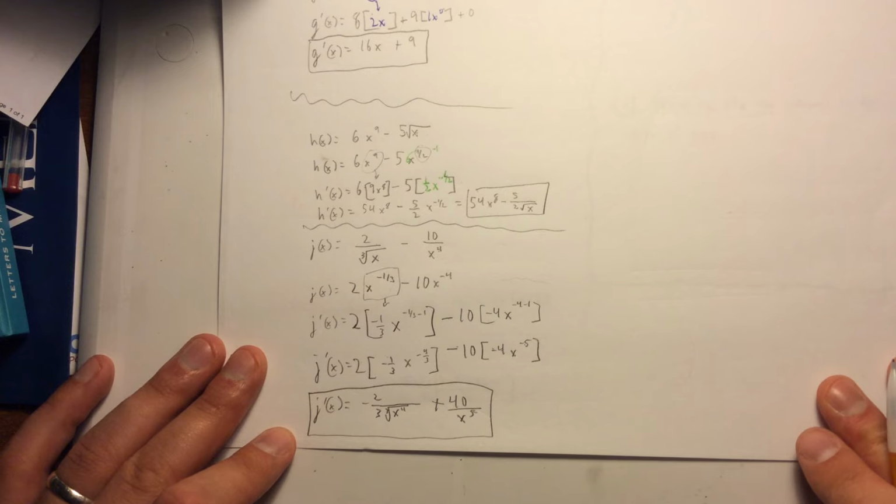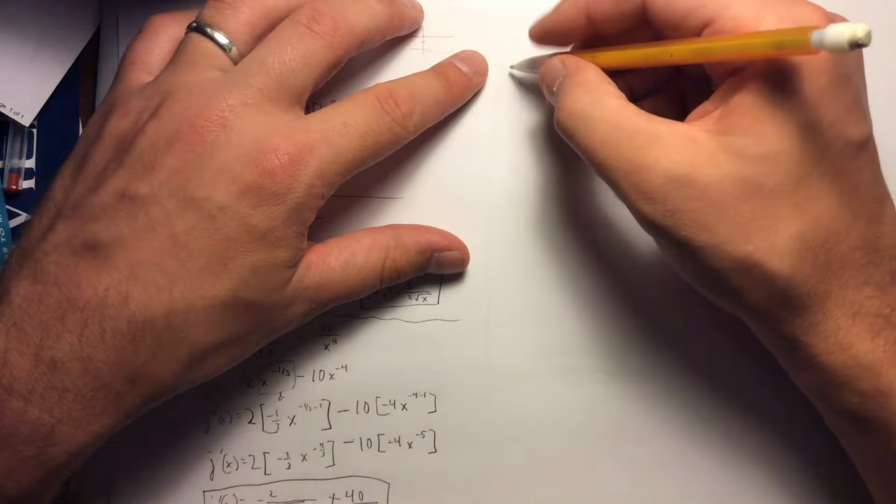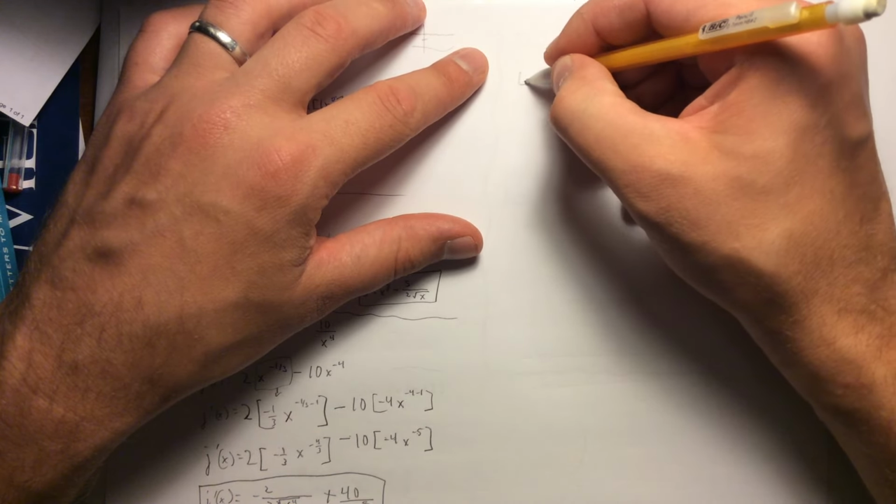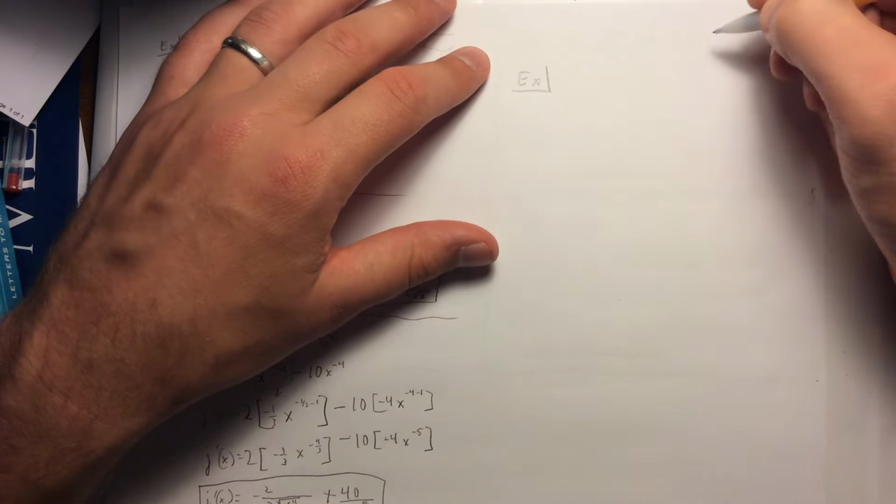Aren't you glad we don't have to do the limit definition of a derivative on these? Now that doesn't mean you can forget it, because here's why. This is a common free response question on the test.